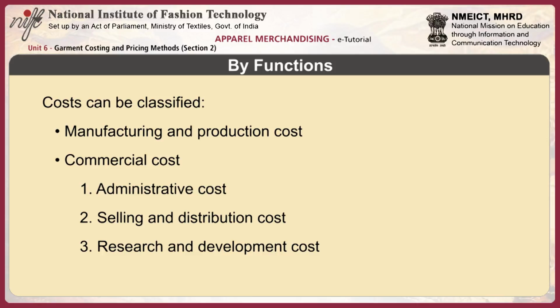They can include administrative costs to account for the expenses incurred on the administration, selling and distribution cost to account for expenses incurred on selling and distribution. And we can also have costs related to research and development, so R&D expenses. So it is again a cost related to the R&D function.